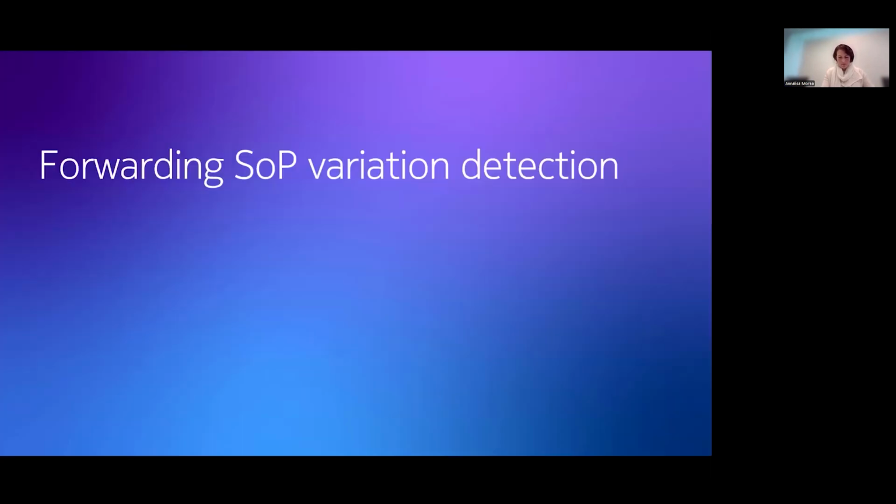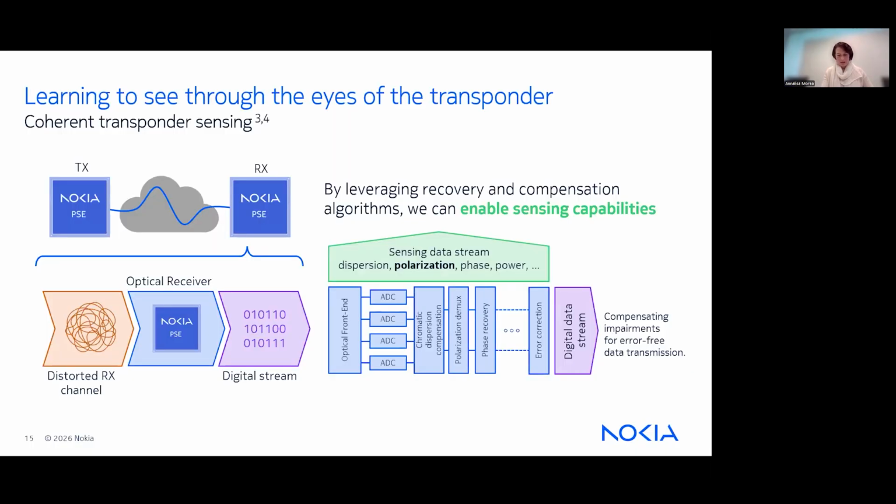At Bell Labs, we have studied different types of SOP variation detection, and in this presentation, we'll start with the forwarding techniques. The forwarding detection exploits the output of the recovery and compensation algorithms that are used in the digital signal processor, the DSP, that is inside the optical receiver.